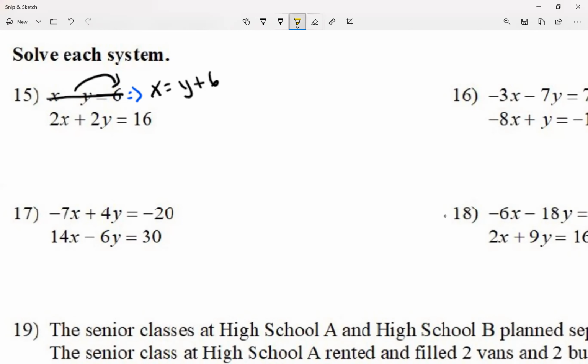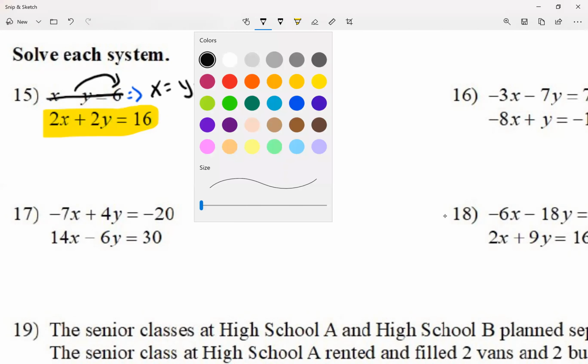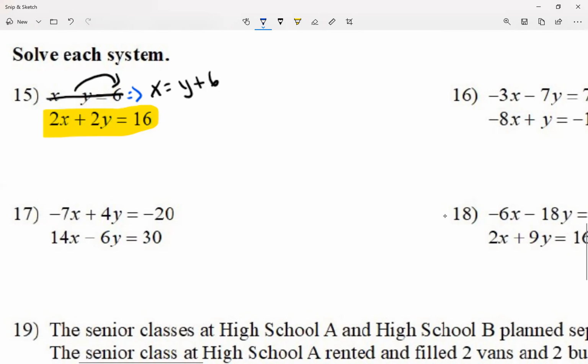Now I'm going to rewrite the second equation, but instead of x, I'm going to use y plus 6. Okay, so let me rewrite this as 2 times the quantity y plus 6 plus 2y is equal to 16.